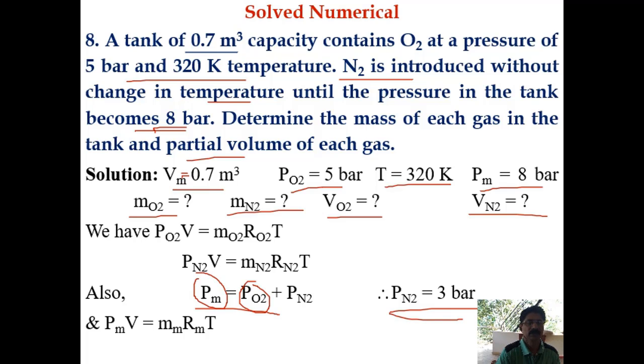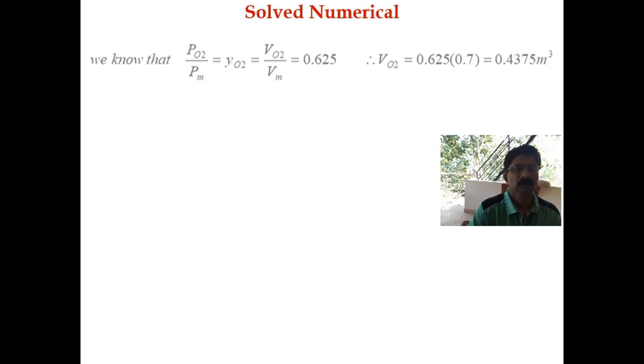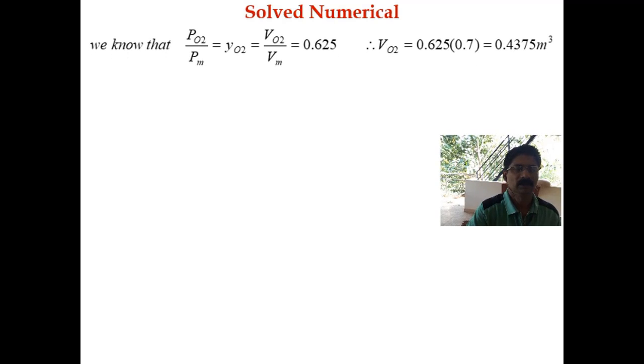Also, you have the state equation PmV is equal to MmRm into T. From this you can write the ratio of the partial pressure of oxygen to the total pressure of the mixture. This ratio is nothing but the mole fraction of O2, which is also equal to the volume fraction VO2 by Vm. This is already calculated as 0.625.